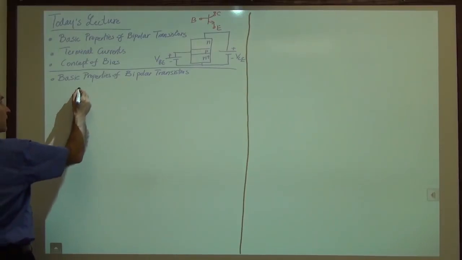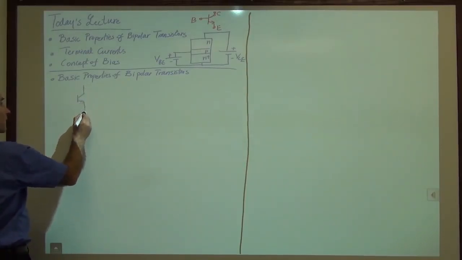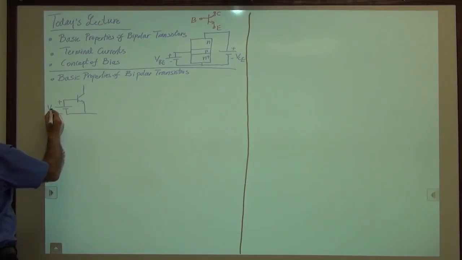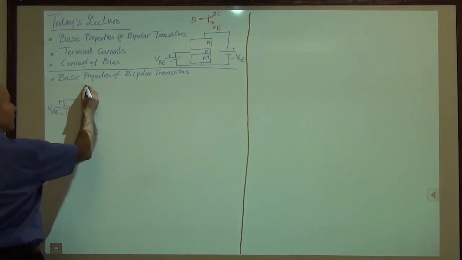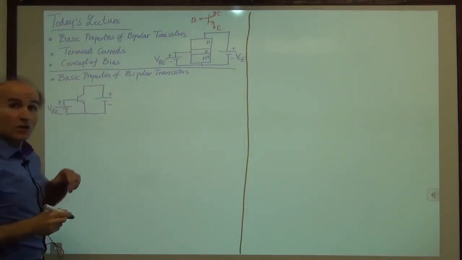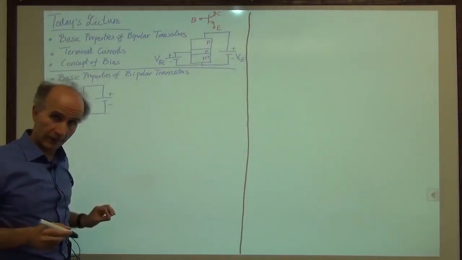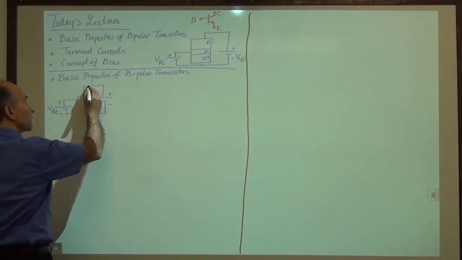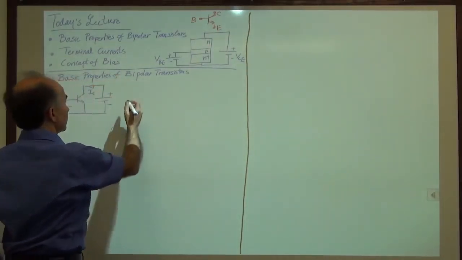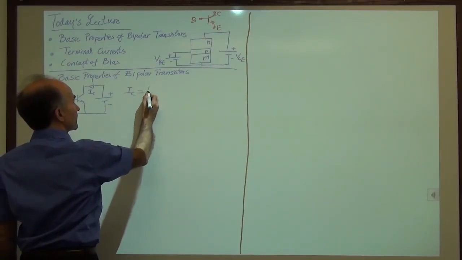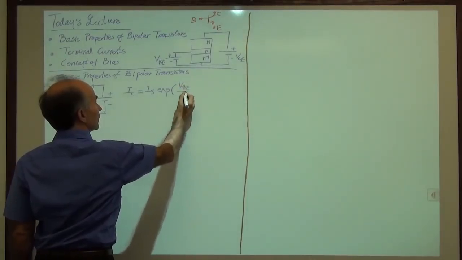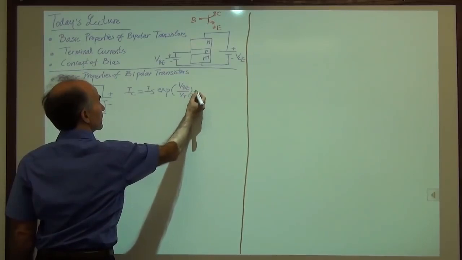We have said that when we have a certain base emitter voltage, VBE, in the forward bias condition, and we have also guaranteed that the collector base junction is not forward biased, is either reverse biased or has zero bias on it, then the current that flows into the collector, the current that flows this way into the collector, is given by IS times exp of VBE over VT, minus 1.